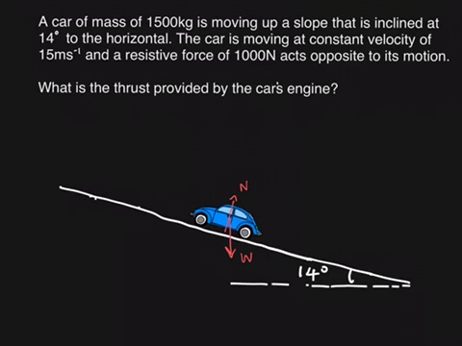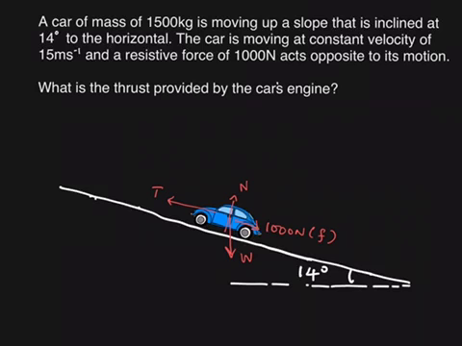And they say there's a resistive force of 1000 Newton, which we can call F, the drag force. And of course, there's going to be the engine thrust. Let's label this T.